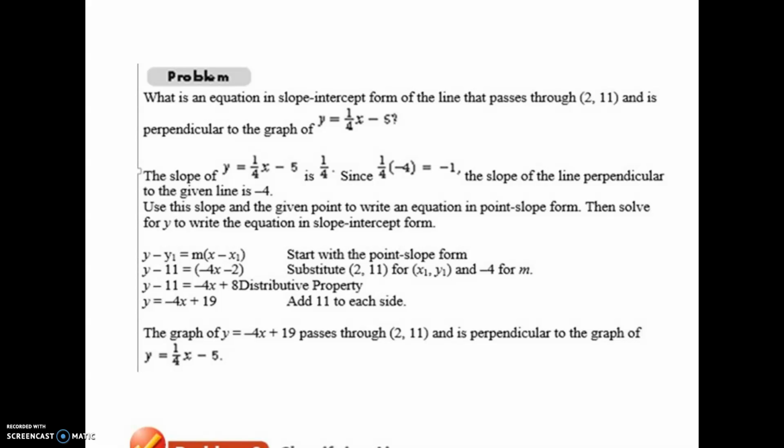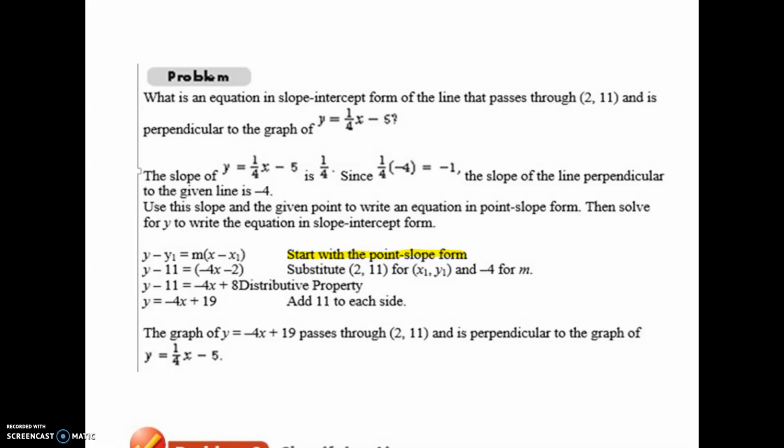So same idea as the first problem now. We're going to start with point-slope form. We're going to plug in 2 and 11 for x1 and y1, and we're going to plug in -4 for m. Then we're going to use the distributive property. They had a little typo there, but we'll deal. So they use the distributive property, and then we have to add the 11.